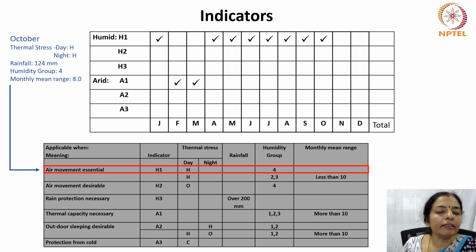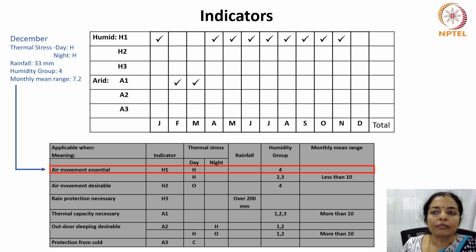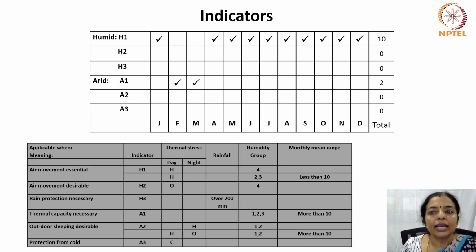Similarly, we do for October, we will do for November, and we will fill for December. So we've got this indicator ready. Then we will add the total number of months under each of the indicator. So H1, there are 10 months in H1 and 2 months in A1.